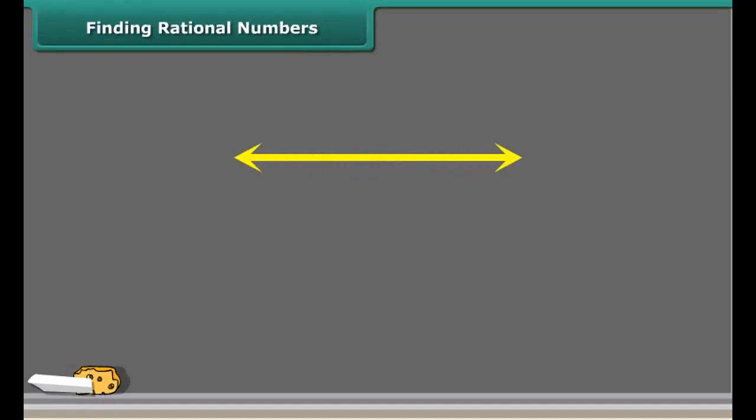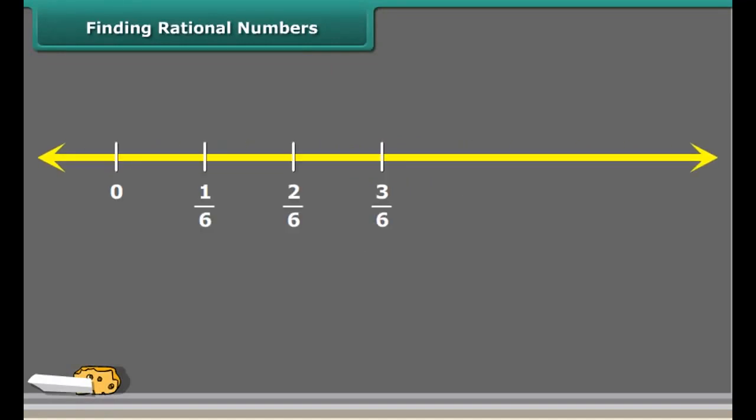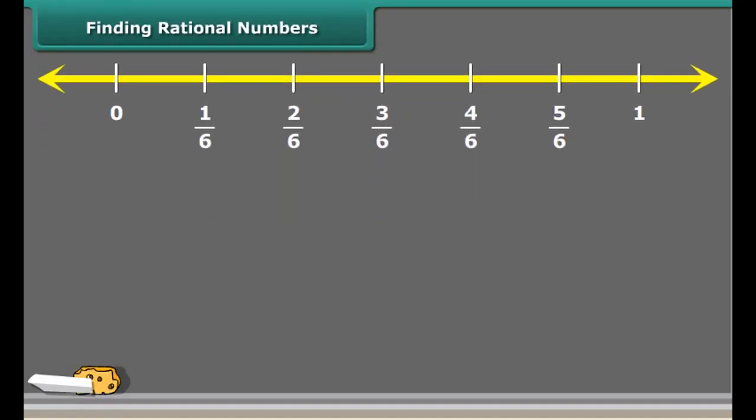Just think, by which rational number would we multiply 7 by 19 to get the product of 1? Obviously, it's 19 by 7. So we say that 19 by 7 is the reciprocal or multiplicative inverse of 7 by 19.